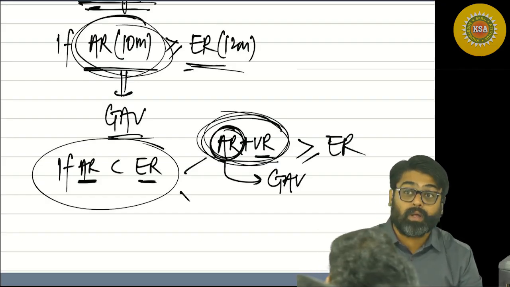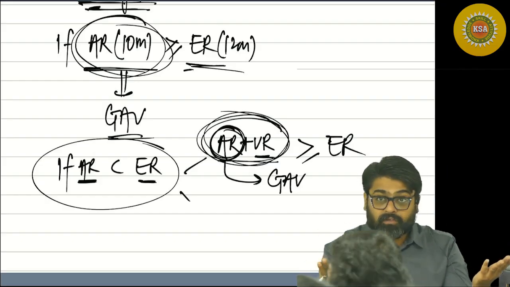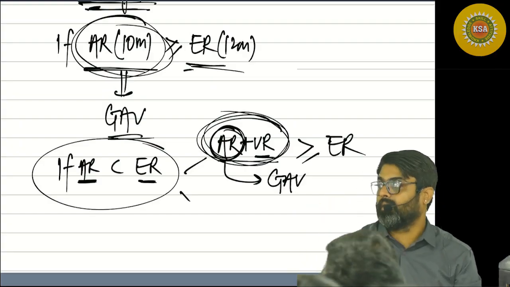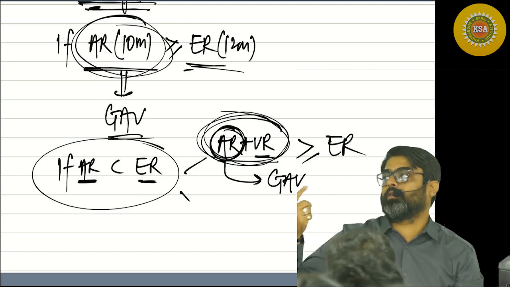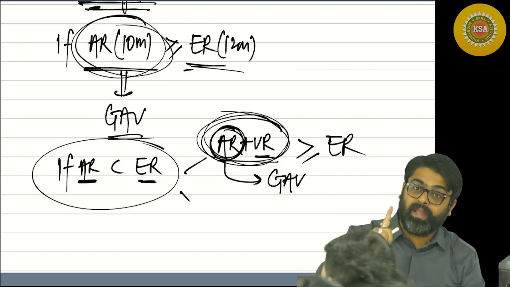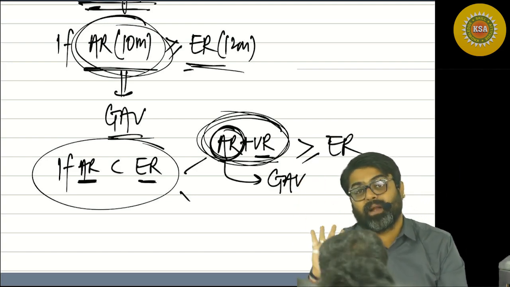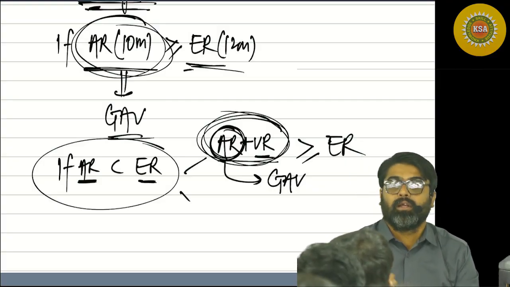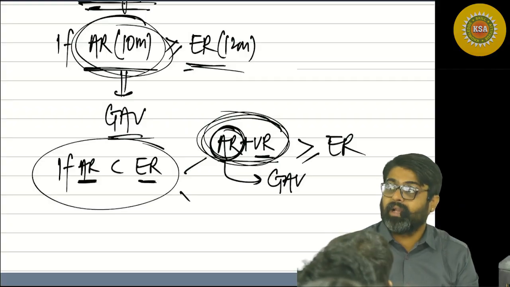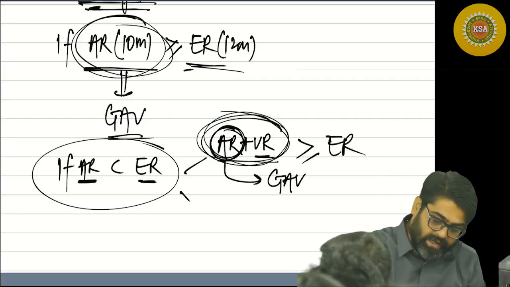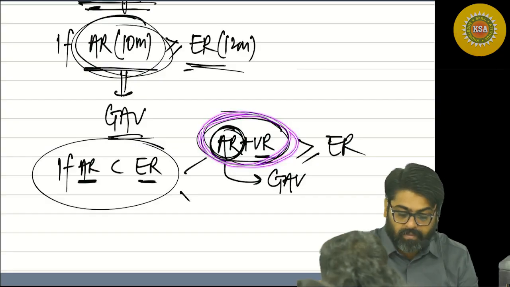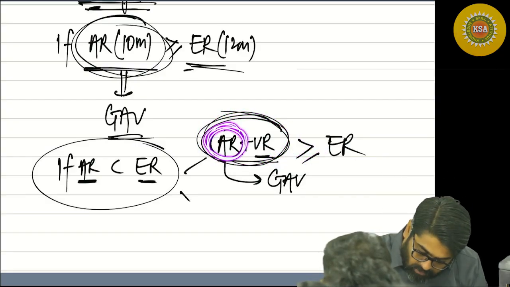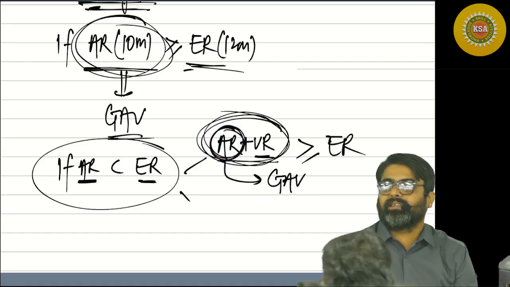Don't take the total amount, AR plus VR, it is only for the sake of comparison. Don't take this total amount as your GAV. GAV will either be actual rent or it will be expected rent. No other amount can be treated as GAV. Understanding? So after adding the vacancy rent, if the total is greater than or equal to expected rent, then also actual rent will be treated as GAV. Understanding or not?